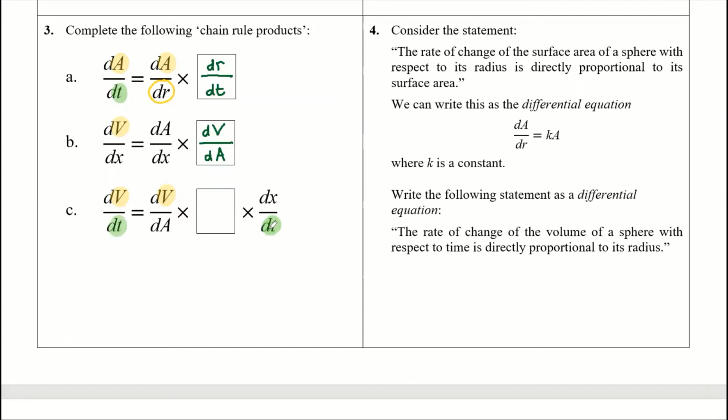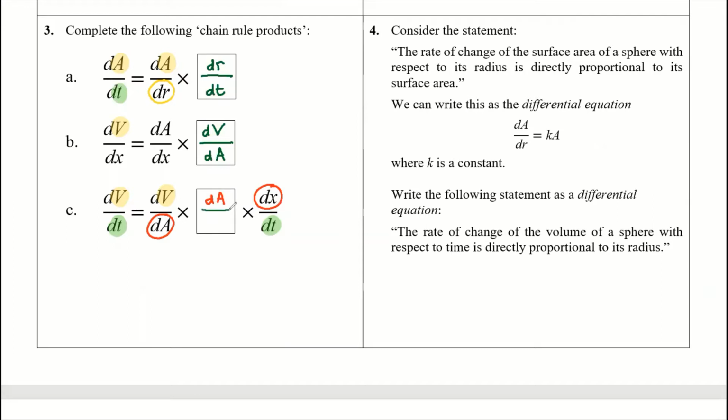So what I need to cancel out are these extra variables. I need to cancel out the dA and I need to cancel out the dx. Well, to cancel out the dA in the denominator, I have to have a dA in the numerator. Okay, that's the only way I can cancel that out.